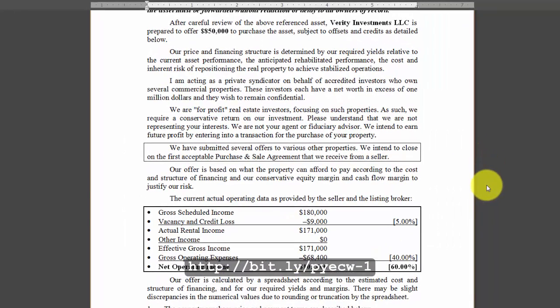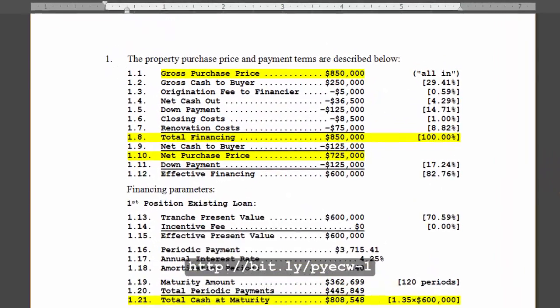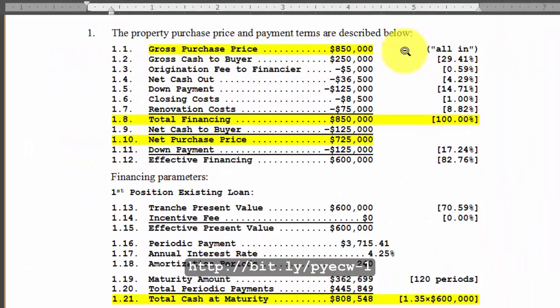Looking at the Microsoft Word mail merge template, the letter of intent commercial shows these parameters. We show $850,000 as our all-in investment. We want to be credited $250,000 at closing, from which we'll pay these expenses and costs.